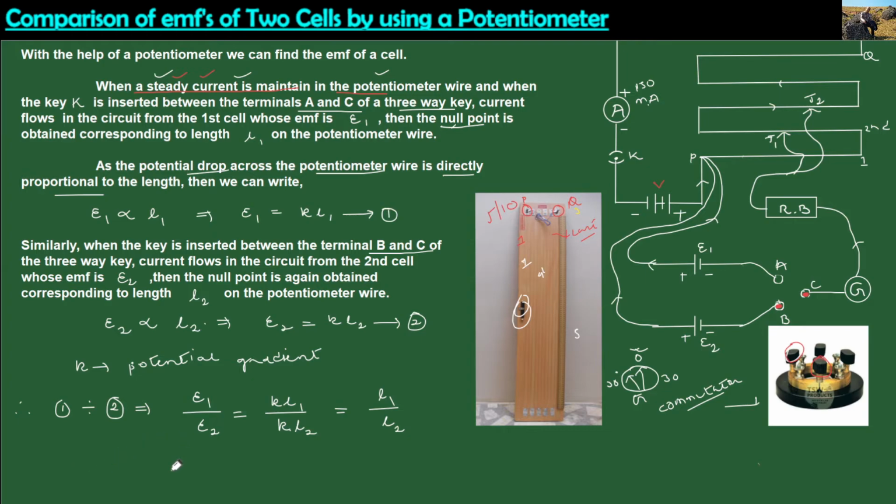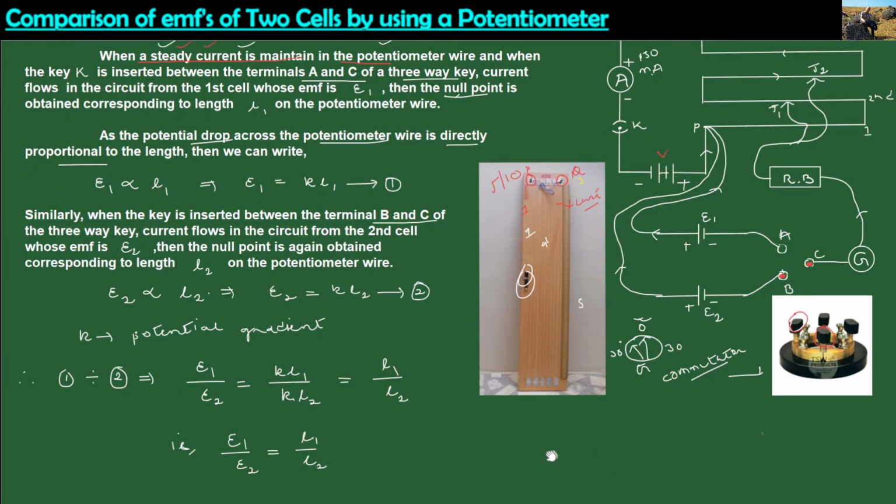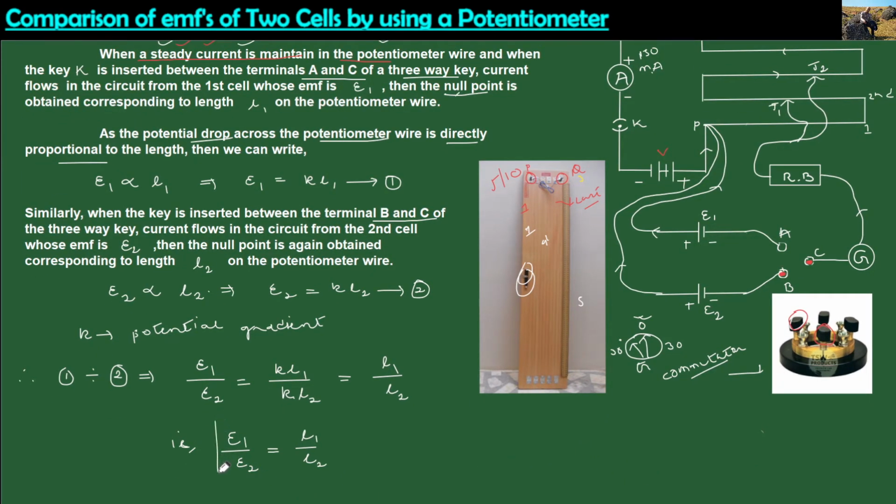That is, E1 divided by E2 is equal to L1 divided by L2. This is the result, and in exams, this derivation up to this step will be around 2 marks.